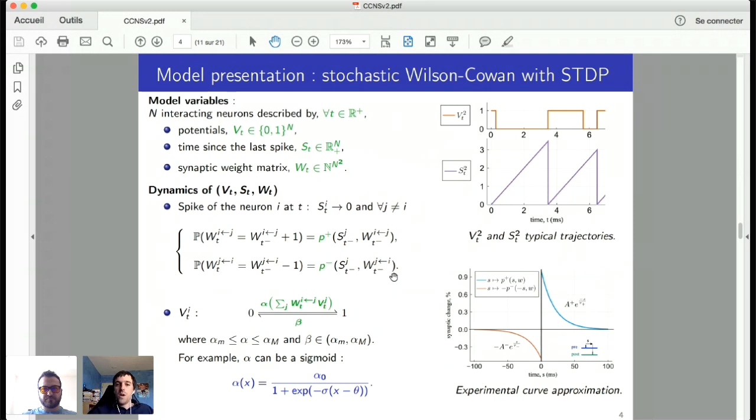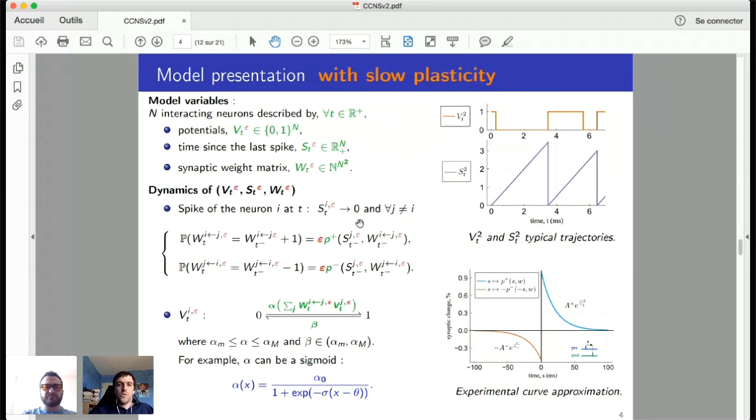With this model, we now want to use the fact that the plasticity is really slow compared to the neural dynamics, and we introduce for that a parameter epsilon, which is small, in front of the jumping rate probability of the weights.